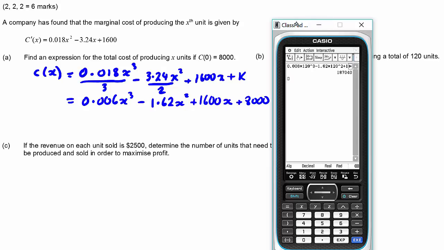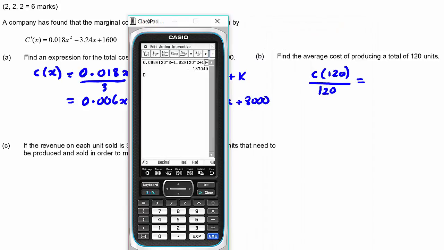So that gives us 187,040. And we just need to divide that by 120. So that's $1,558.67.